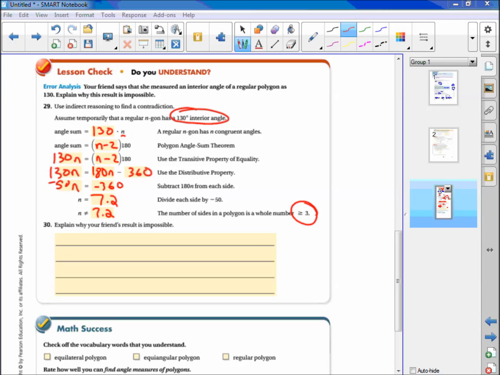So explain why your friend's result is impossible. And this would be something like this. If each interior angle measure is 130 degrees, then the regular polygon would have 7.2 sides.